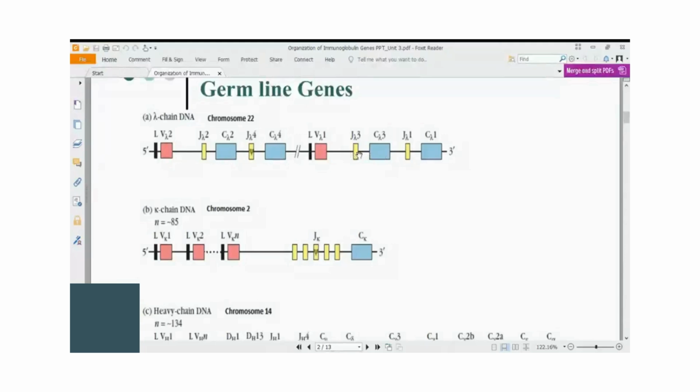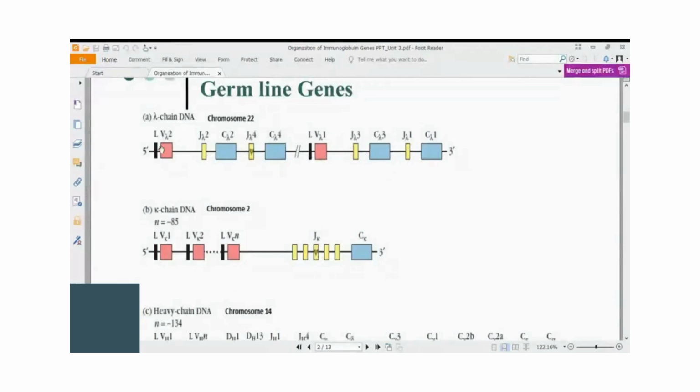So 6 clusters of constant region genes accompanied by 6 J segments, and a large number of variable gene clusters present in the 5' end of each constant region cluster, constitute the lambda chain of the light chain. So it is slightly more complicated than the kappa chain. Therefore, the recombination here will be between each cluster.